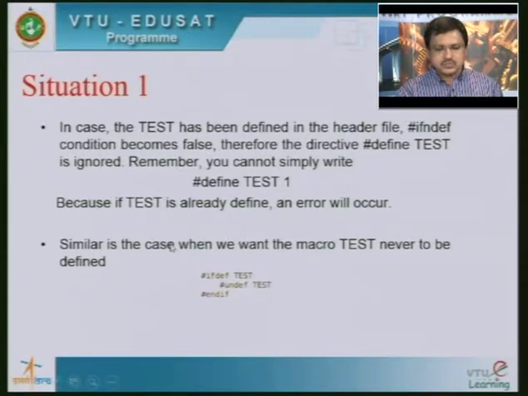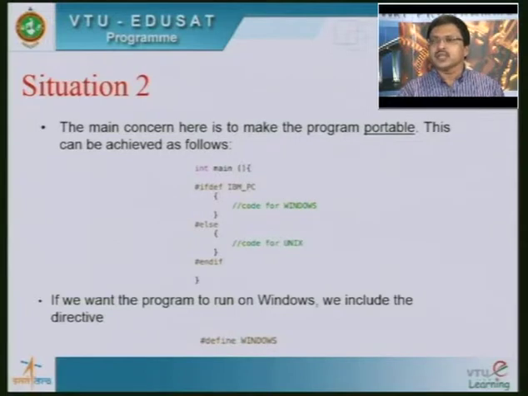The second was where you have multiple platforms. For example, in this case I have taken Windows and Unix, and when you compile on an IBM machine, you want to include this portion of the code. If you are compiling for a Unix machine, you want to include only this part of the code, and this is how you control it. If defined IBM PC, do that, otherwise you do this.